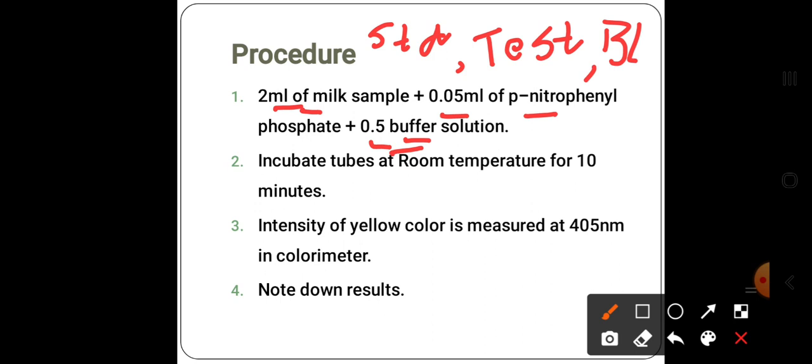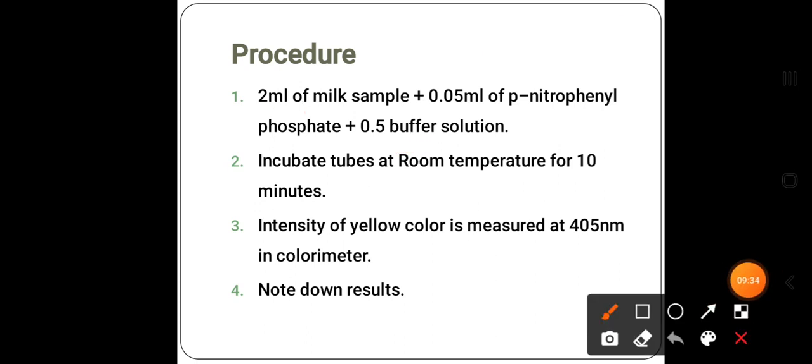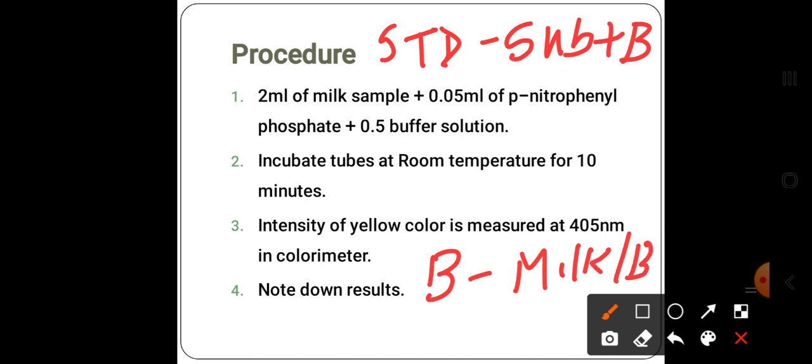In the test tube we will add 2 ml of milk sample, 0.05 ml of para-nitrophenyl phosphate and 0.5 ml of the buffer solution, while in the standard we will only add the substrate plus buffer, and in the blank we will only add distilled water and buffer solution.